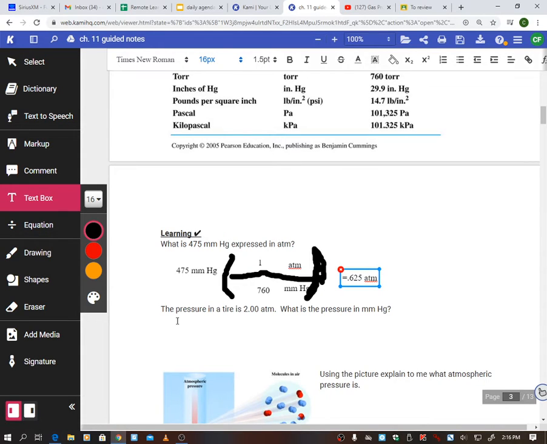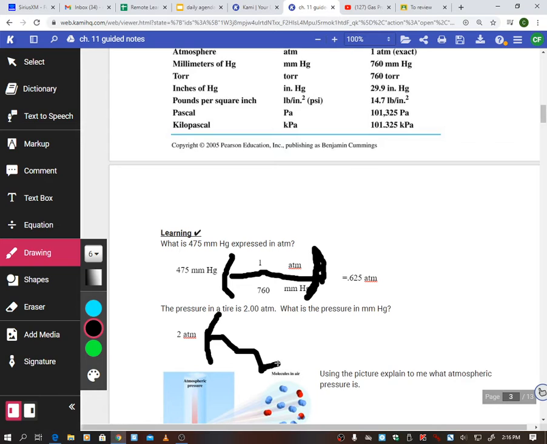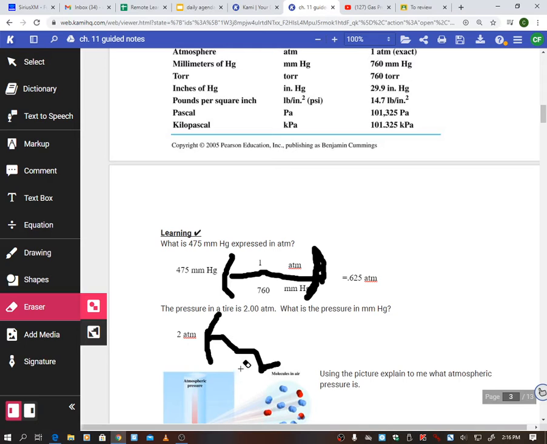All right, this next learning check is the opposite. They give you 2 ATM, so I'm going to start off by writing down 2 ATM. Let me see if I can draw a line here. Sorry, guys, my mouse likes to jerk around a lot.